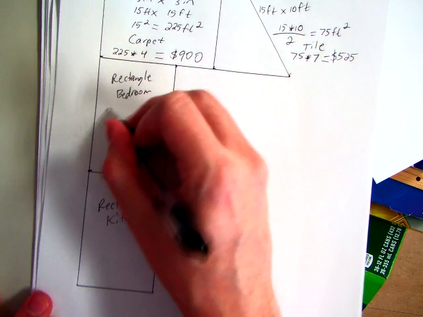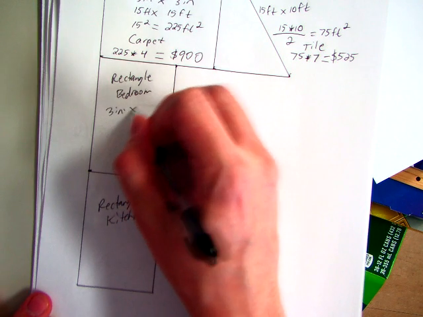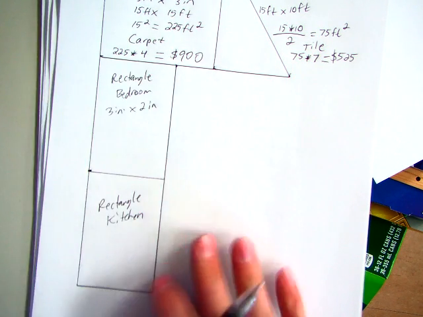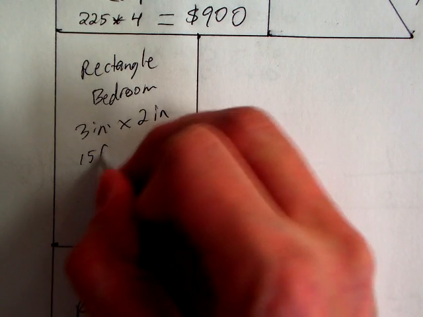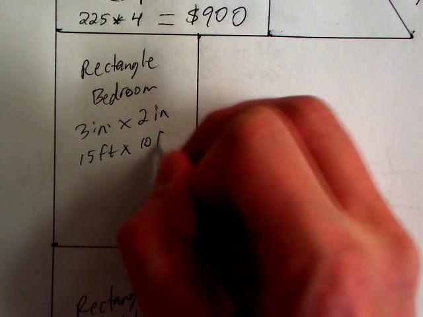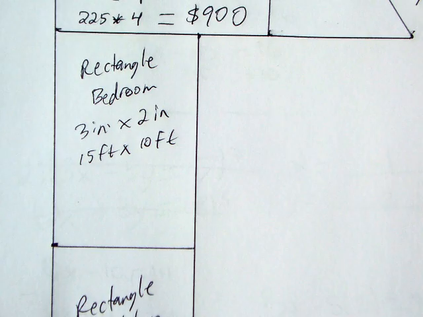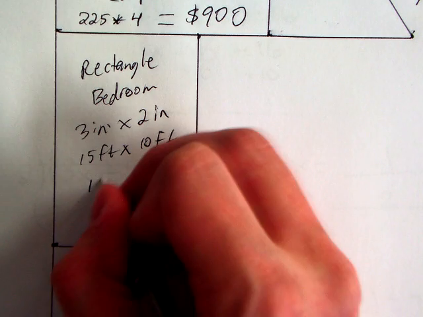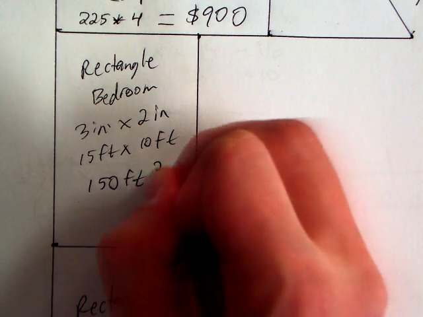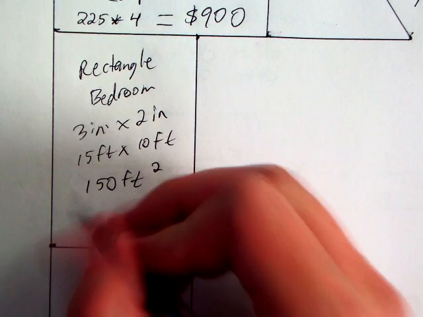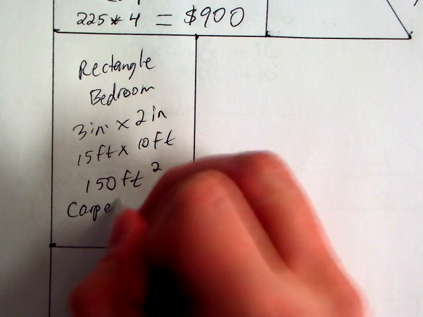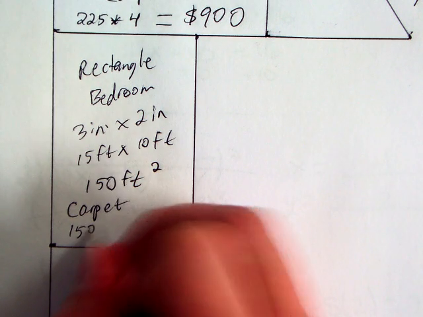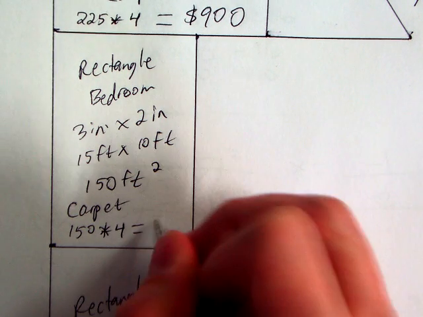You know the dimensions are 3 inches by 2 inches. If we're going to convert that into feet, it will become 15 feet by 10 feet. The formula for area of a rectangle is length times width, so this will be 150 feet squared. Let's use carpet again for the bedroom. So then we take 150 times 4, and we get $600.